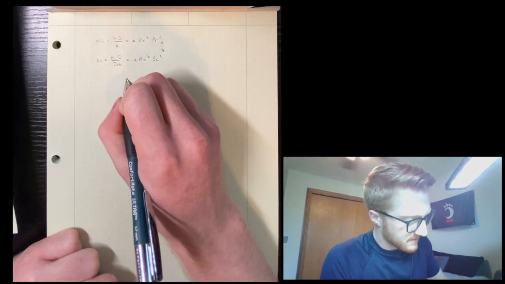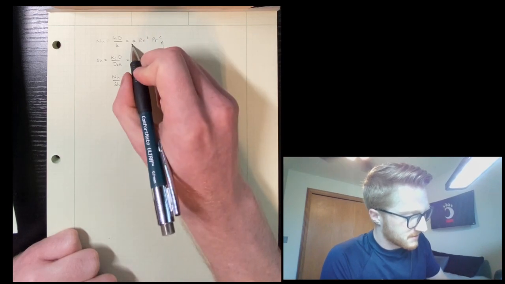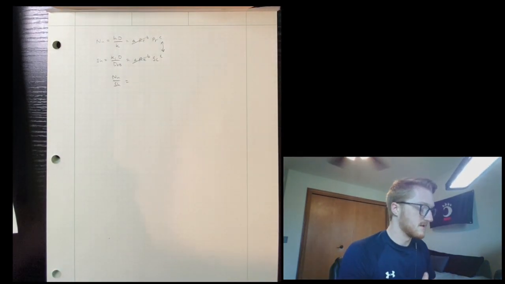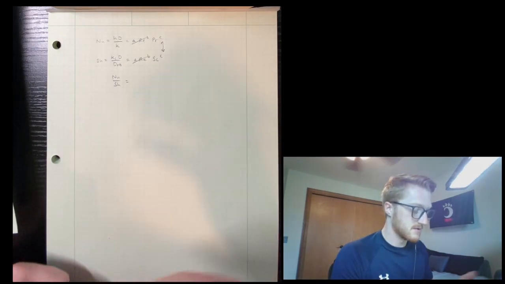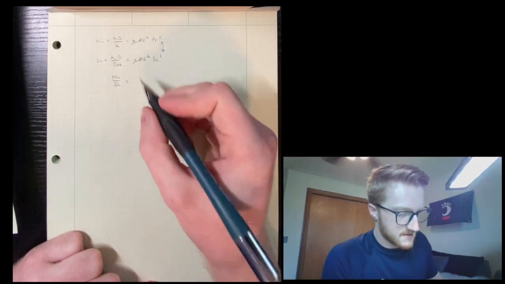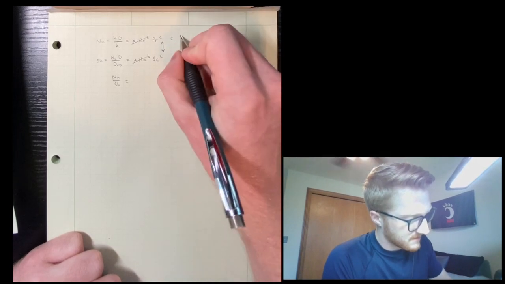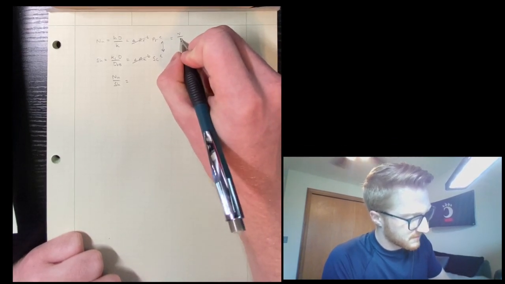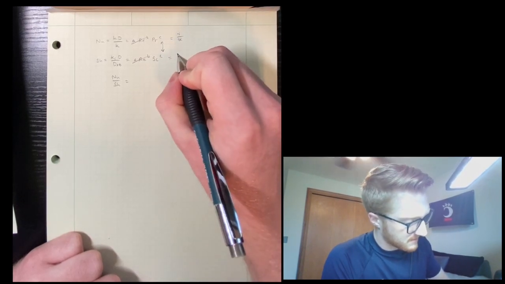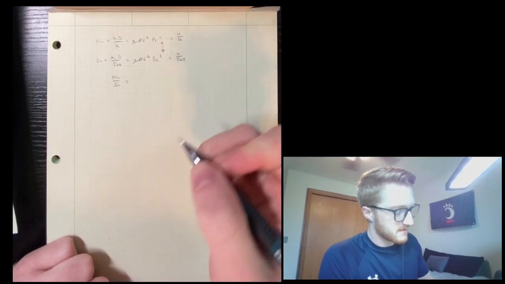So if you were to take the Nusselt number over the Sherwood number, you know that these are going to cancel out. So that basically is showing you that the velocity at which you're doing the experiment does not matter for this. So we know that the Prandtl number is equal to the kinematic viscosity over the thermal diffusivity, and we know that the Schmidt number is equal to the kinematic viscosity over the diffusion coefficient, dAB.